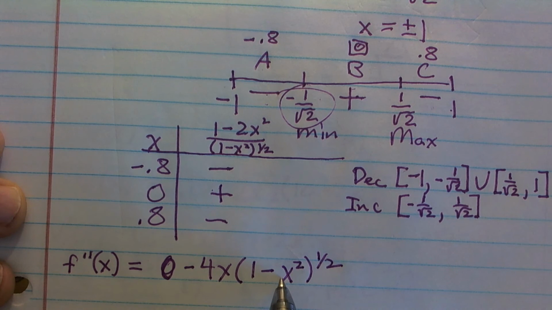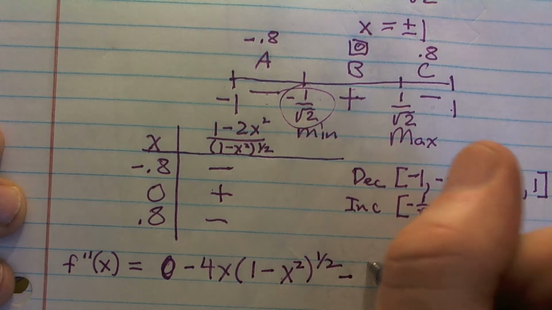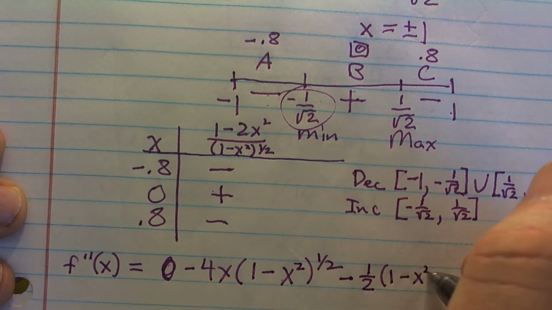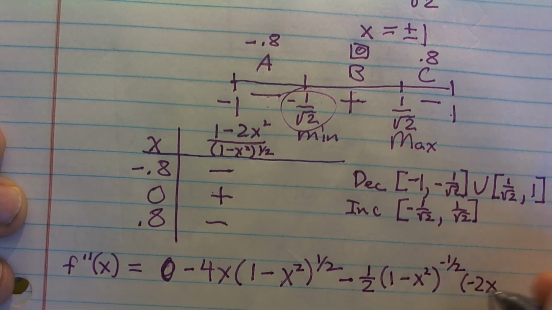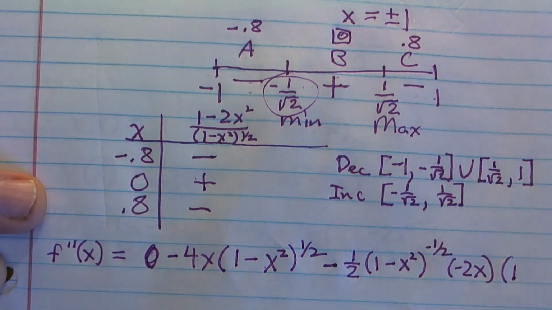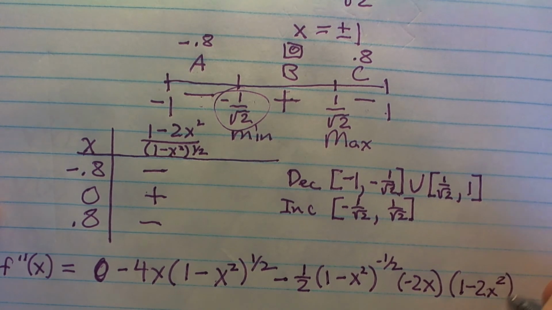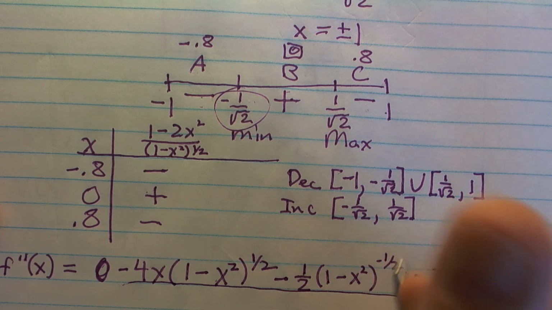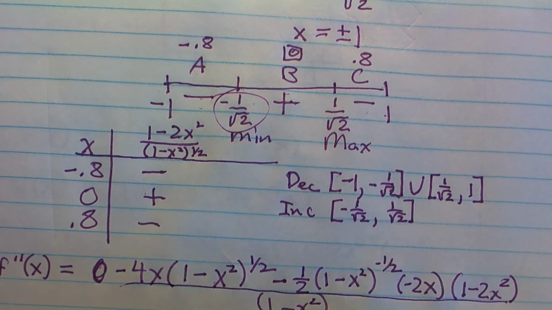Derivative of the top times the bottom, minus the derivative of the bottom, which is going to be 1/2 times (1 minus x squared) to the negative 1/2 times negative 2x, times the top. I'm running out of room. All over the bottom squared.